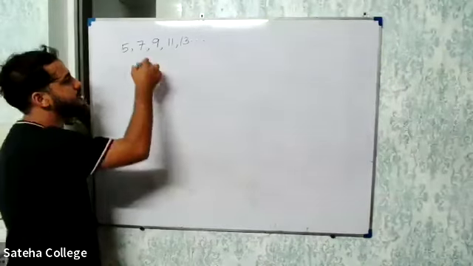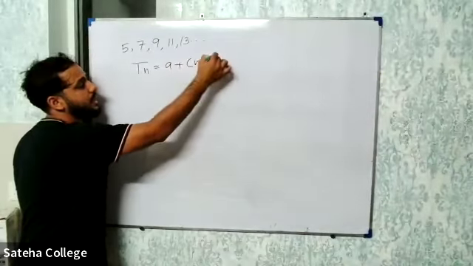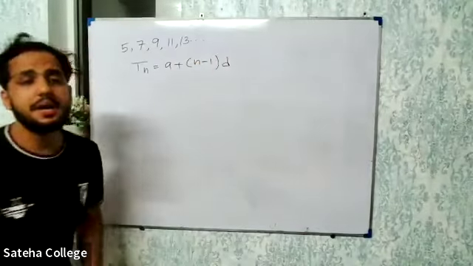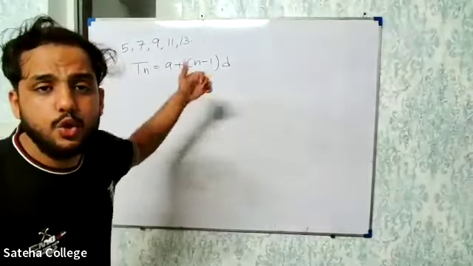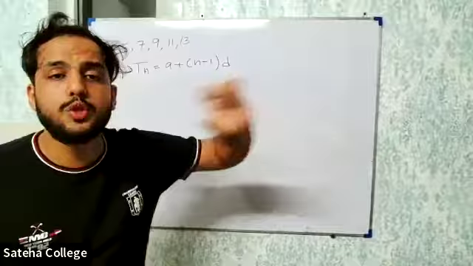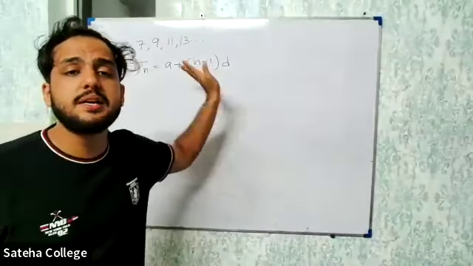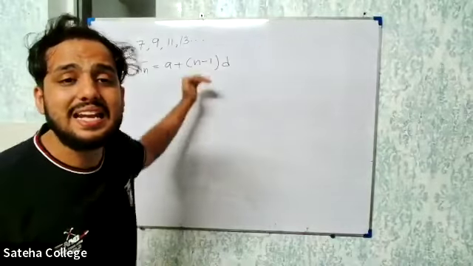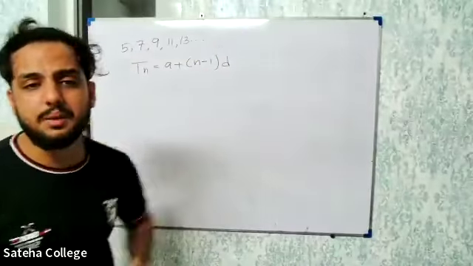Now, you know the general equation, general Tn is equal to a plus n minus 1 into d, right? For this question, you know the first term and you know the common difference. You can substitute the value of the first term and the common difference and derive an equation just for this arithmetic progression.